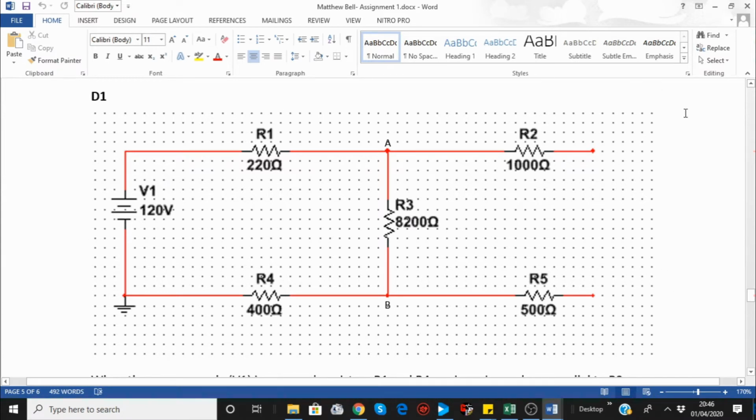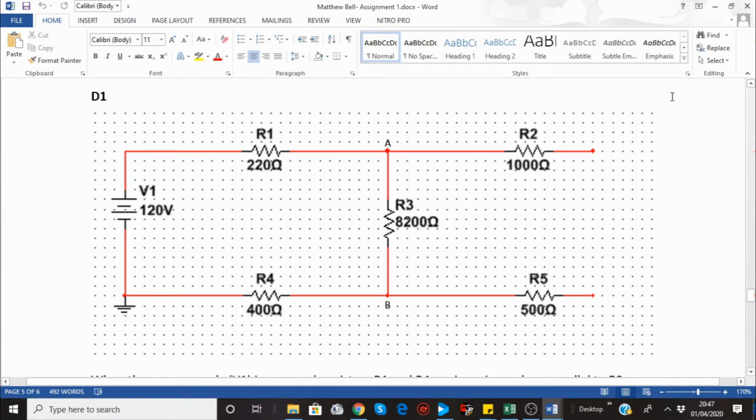So if I redraw that circuit on Multisim, you'll have something like this. You don't have to draw it on Multisim if you don't have it. There is an online version of Multisim you can find and use, or you can draw it on any software that you have.